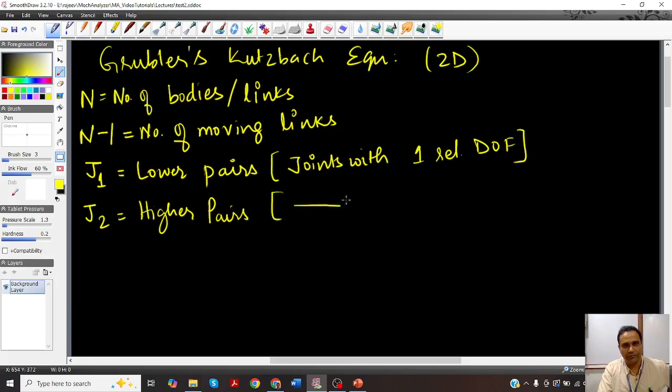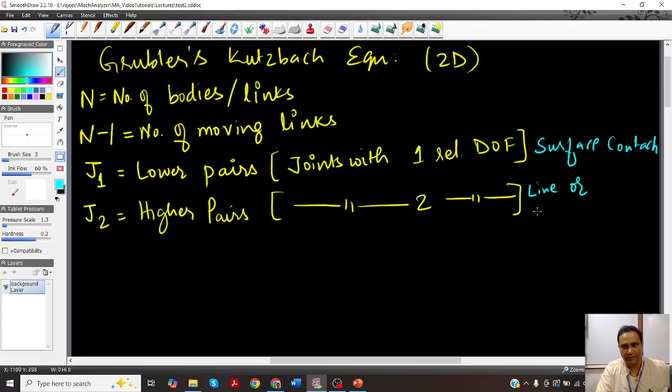These are joints with two relative degrees of freedom. Another way of finding out if it is a lower pair is that it should have a surface contact. And in the case of a higher pair, it will have line or point contact.